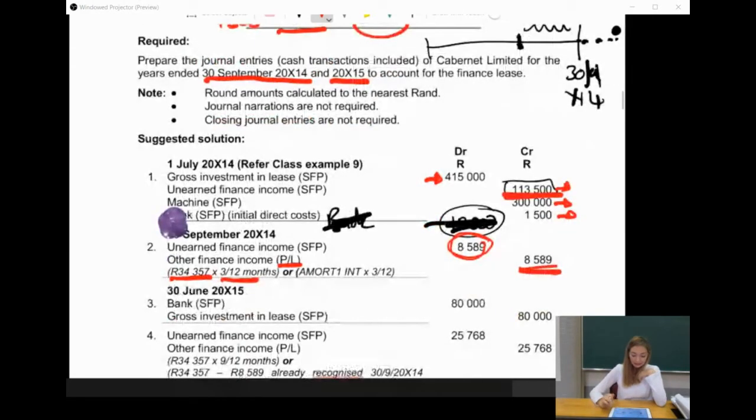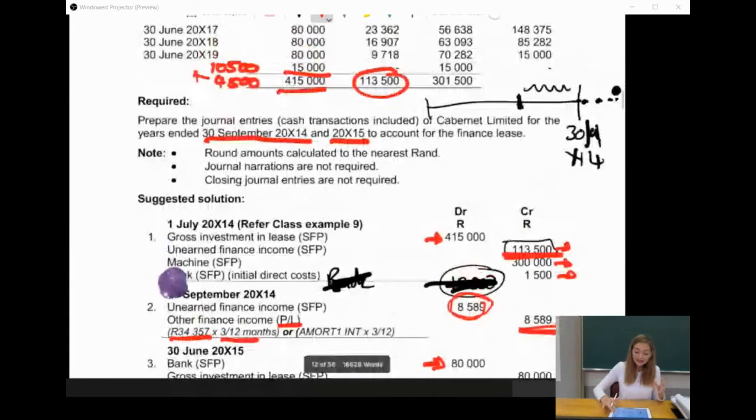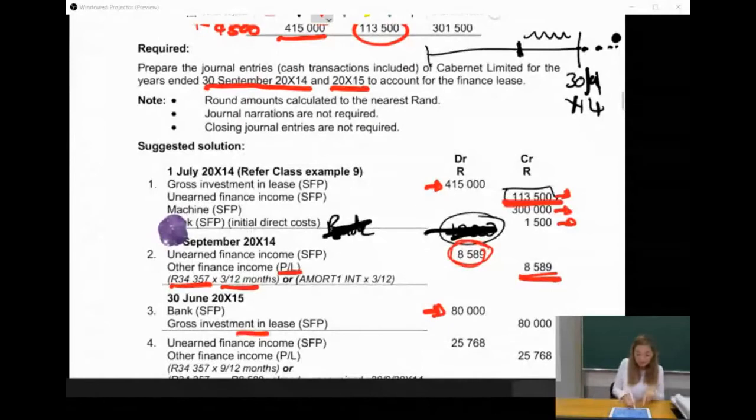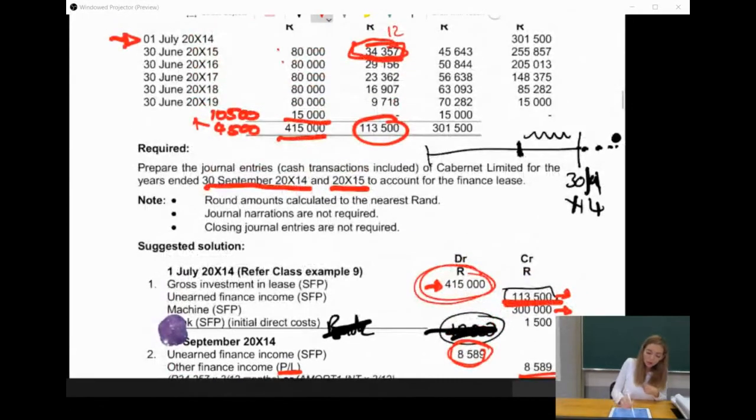Good. And then, what happens now in the next financial year when the lease payment is actually received? Now we say, okay, we received the 80,000. And the other leg of that journal is the first 80,000 payment that we have now actually received. So we take that out of our gross investment in the lease. Remember, our gross investment in the lease over here, the 415, included all of my lease payments as well as my residual value guarantee at the end.